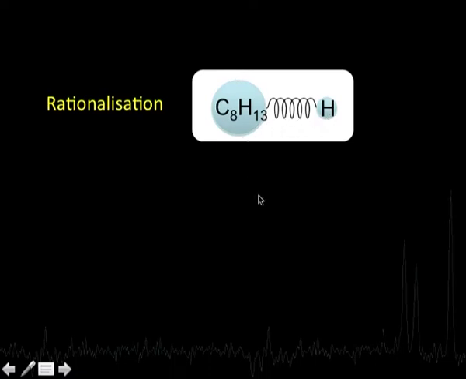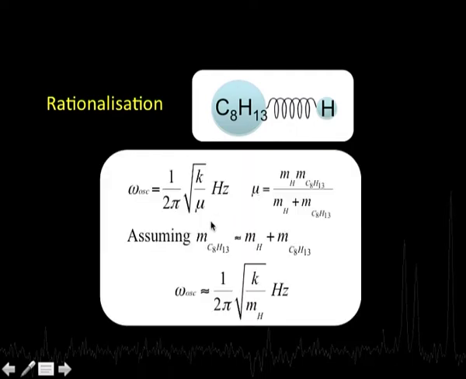Now, if I want to work out the vibration frequency of this bond, we know the formula for it, that omega oscillation is equal to 1 by 2 pi square root of k by mu. Now, the whole game lies in this mu. For this molecule, mu is equal to the mass of hydrogen atom times the mass of C8H13, divided by the mass of hydrogen plus the mass of C8H13.